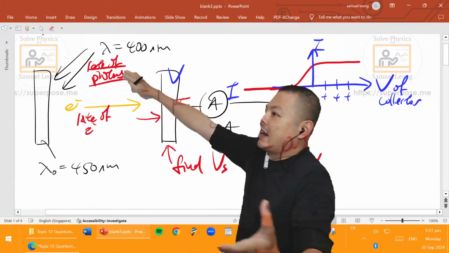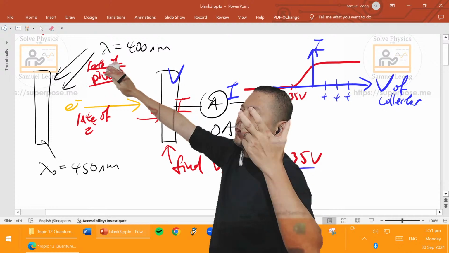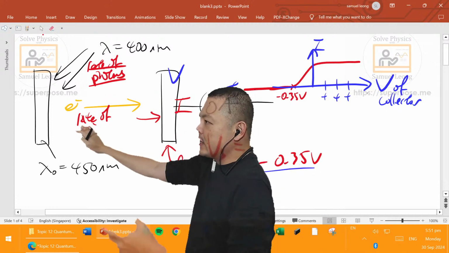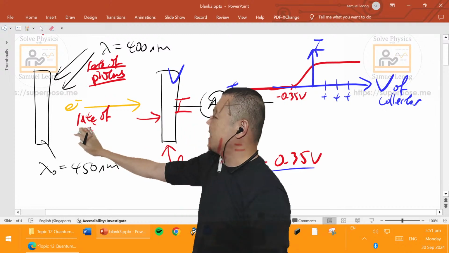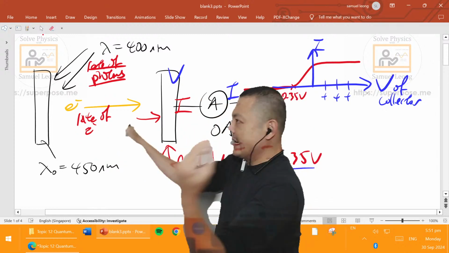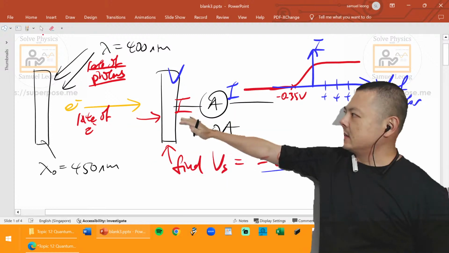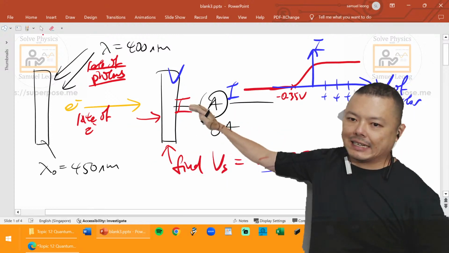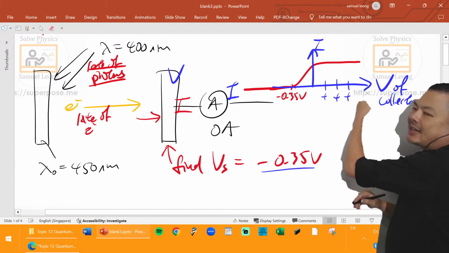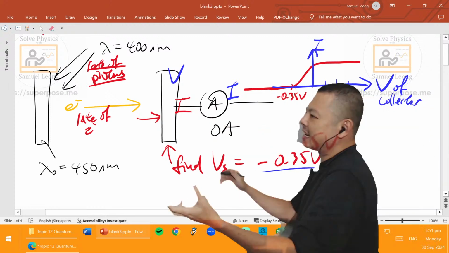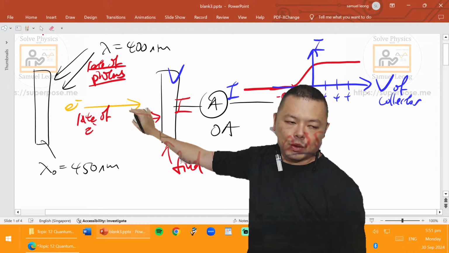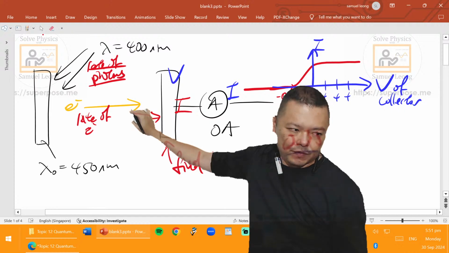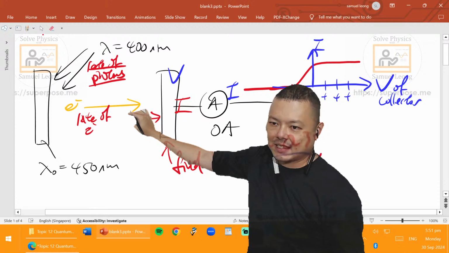Let's say you have a million photons per second, and only about 10,000 electrons get emitted. At most you will get only 10,000 electrons going in the wire. No matter how positive you make it, you're still only going to get 10,000 electrons per second. You can't increase the rate of electrons if there's a limit to it.